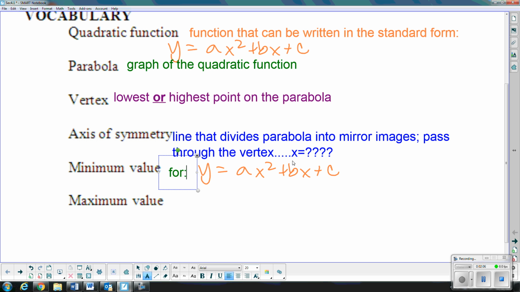For this equation, our minimum value is the y coordinate if a is greater than 0.